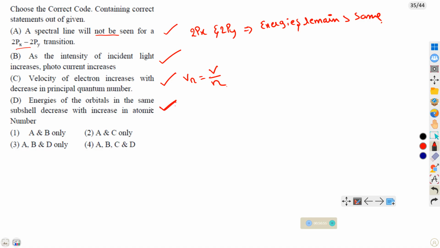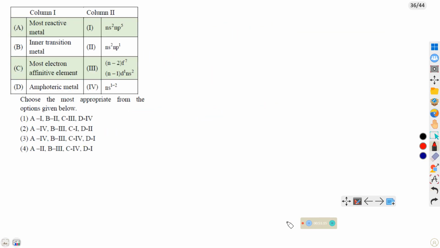Correct. How? As the atomic number increases, the nuclear charge also increases. That's the reason. So A, B, C, D are correct statements.